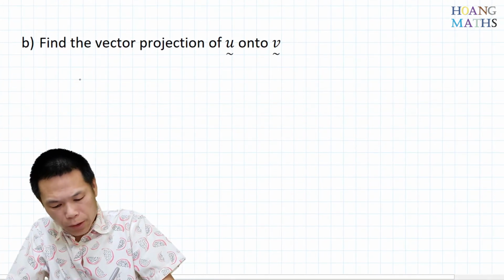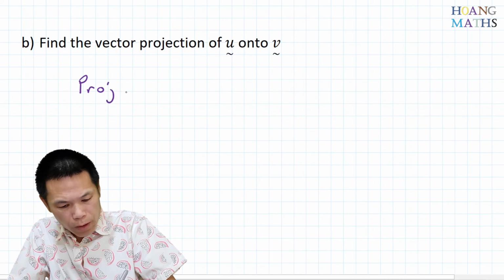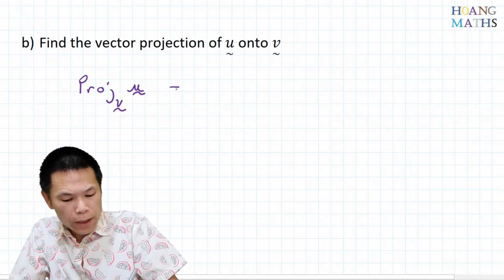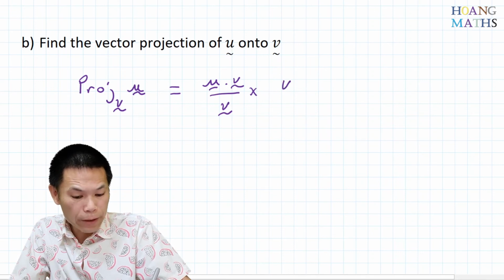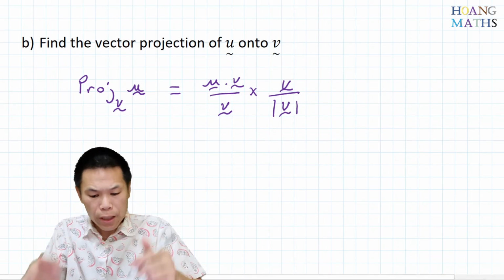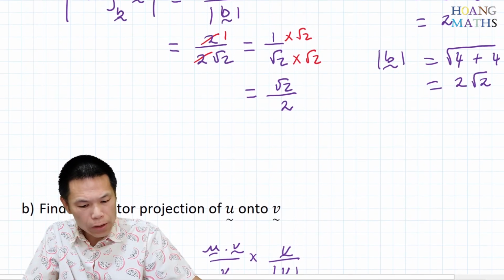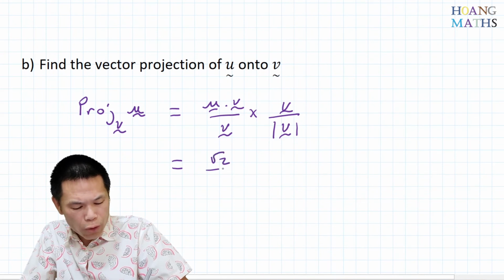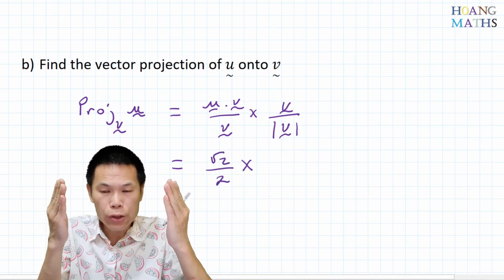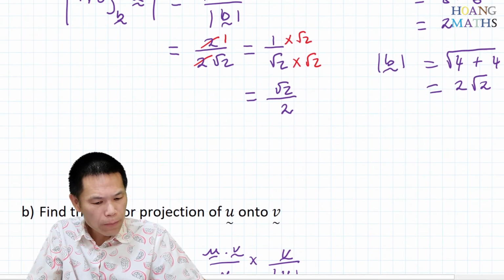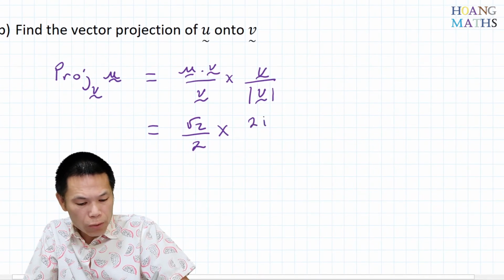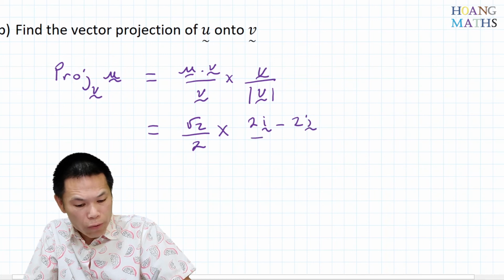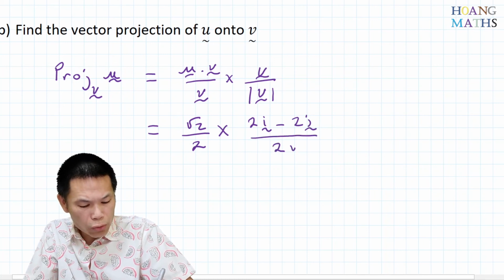Part B. The projection of vector u onto vector v is equal to the scalar, that is u dot v over the magnitude of v, times the unit vector of v. We already sorted out the scalar, which is root 2 over 2. And we multiply by the unit vector of v, which is vector v, 2i minus 2j, over its magnitude, 2 square root 2.